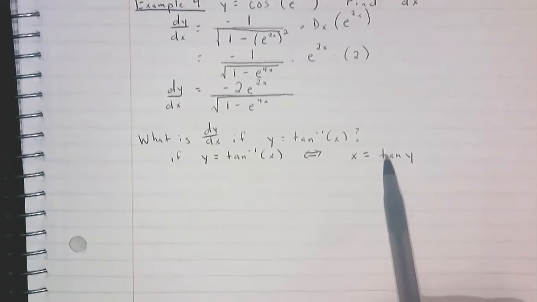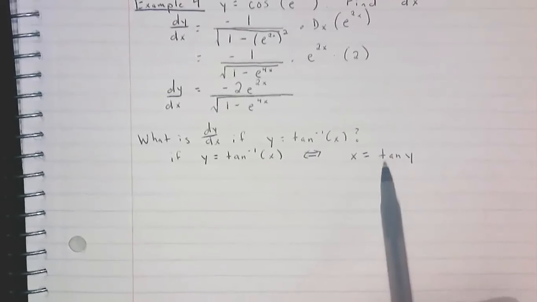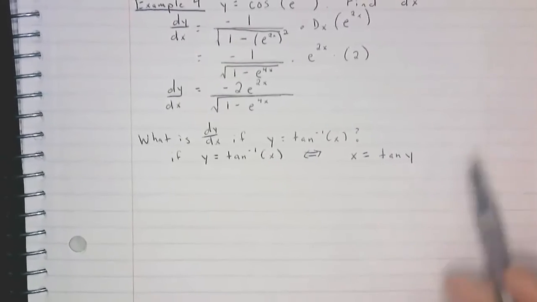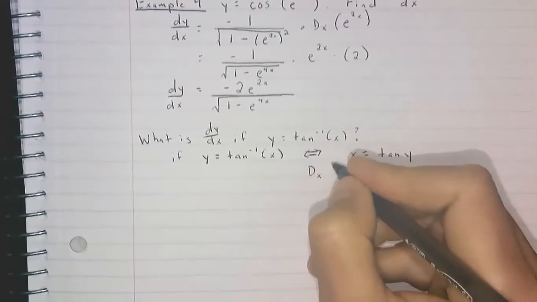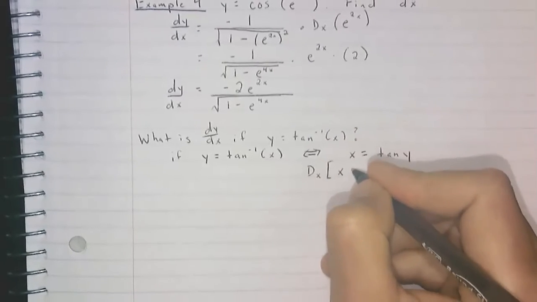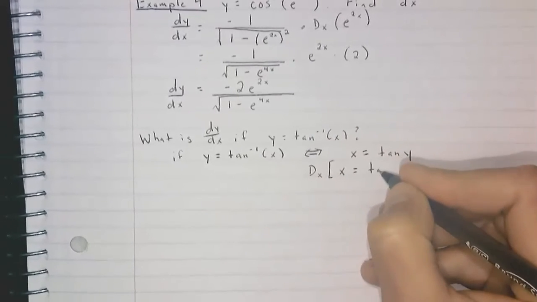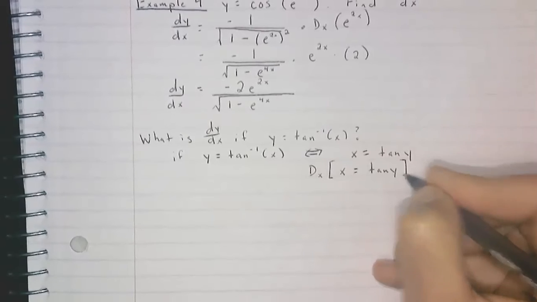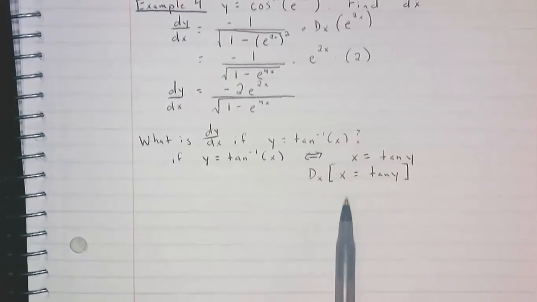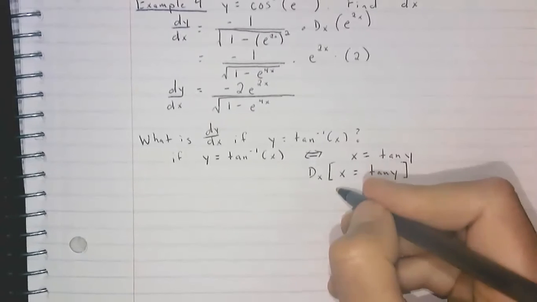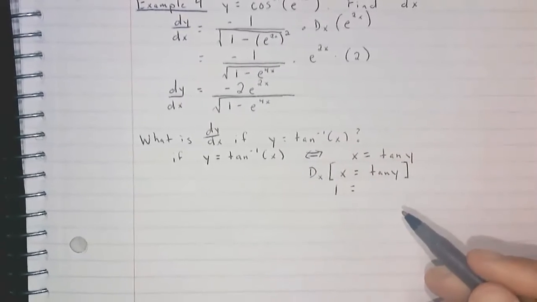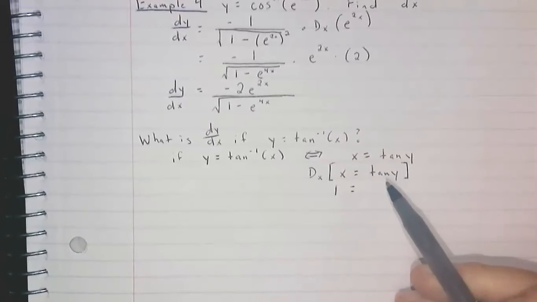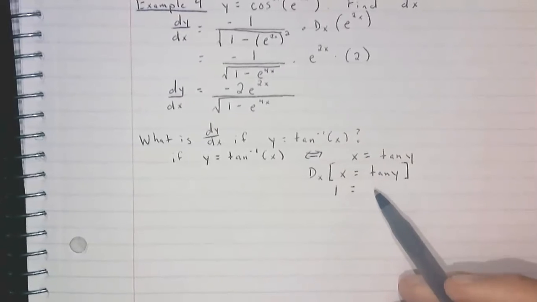And so sort of brute forcing this thing to try to get out dy/dx means differentiating with respect to x. The derivative of x with respect to x is just 1. What's the derivative of tangent? Ooh, going back in the Wayback Machine.